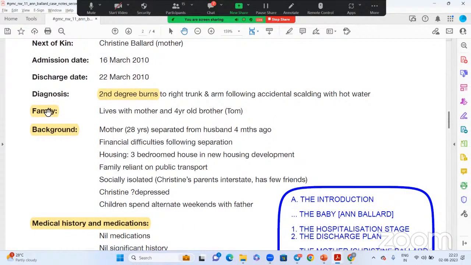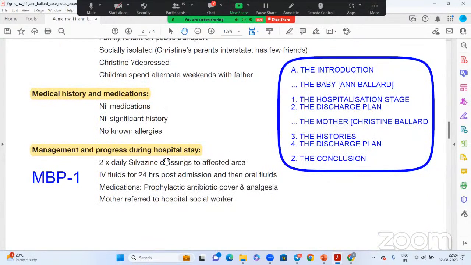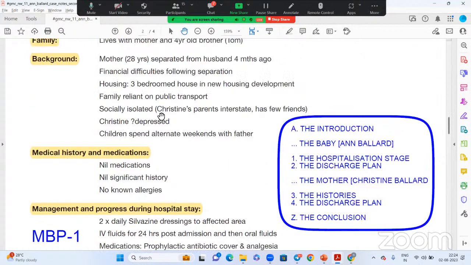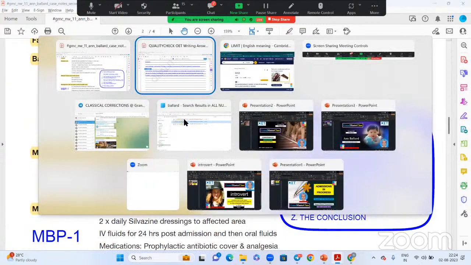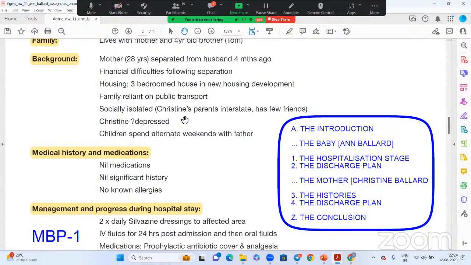So in the hospital, they have noticed her. Maybe she is depressed. Possibly she is depressed. So you can say, there may be a possibility of depression.